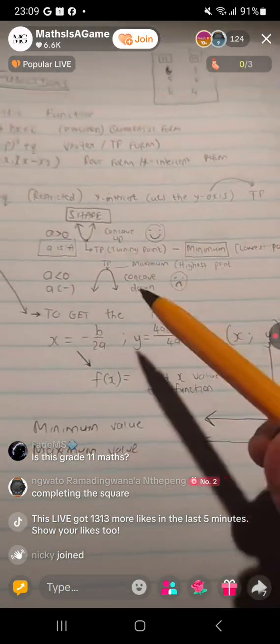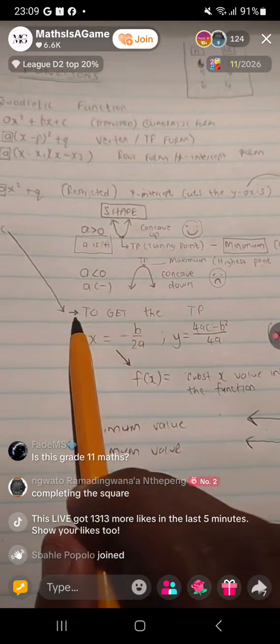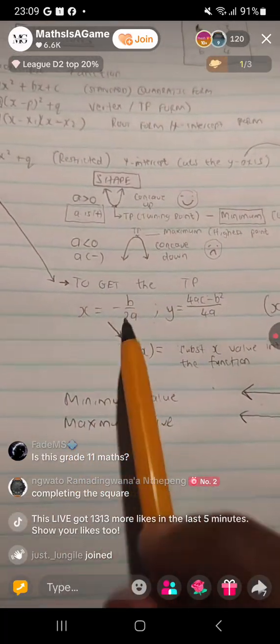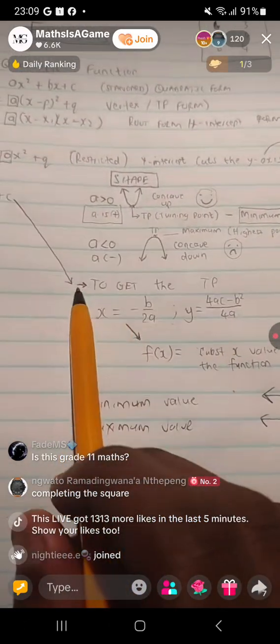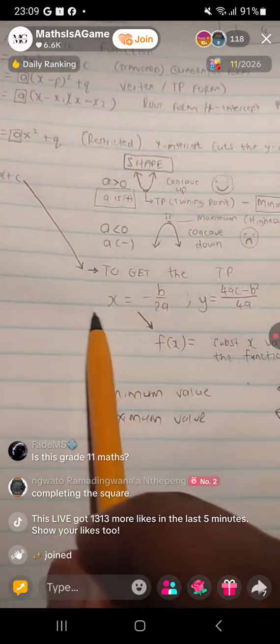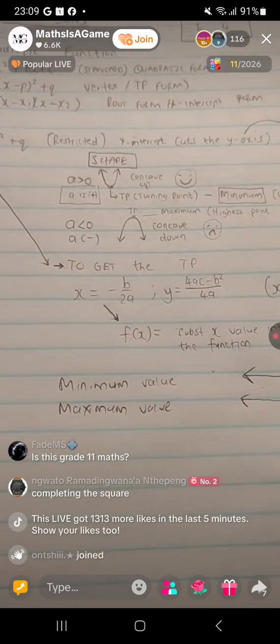But if they want the value of x that gives you that minimum, or the value of x that gives you that maximum, this is how you would get the value of x. This is your formula to get the value of x, which gives you either a minimum or a maximum.